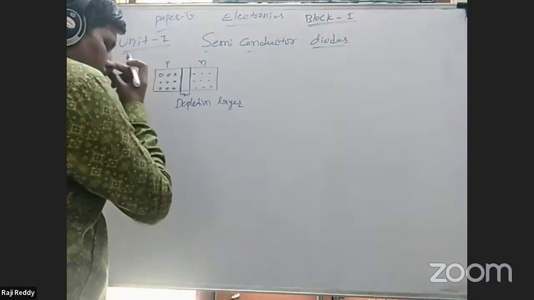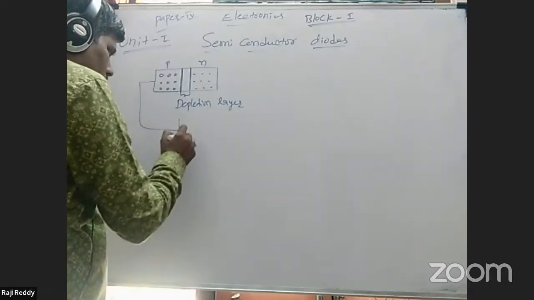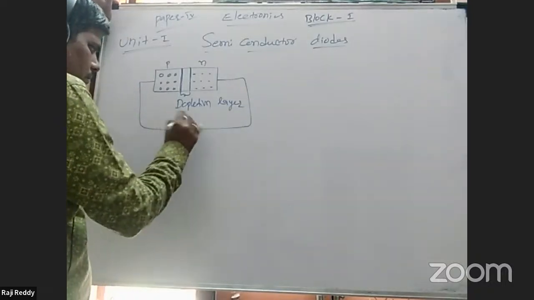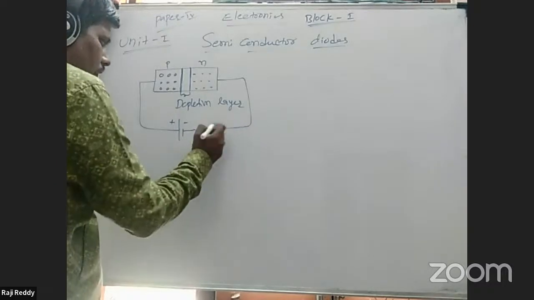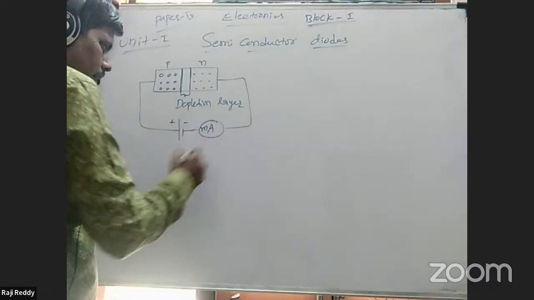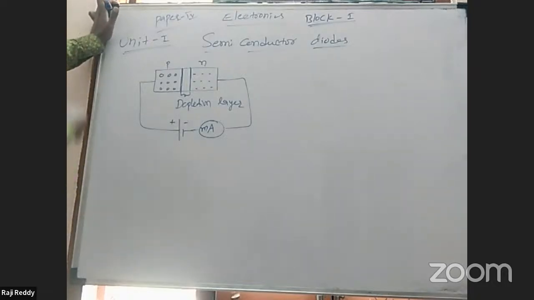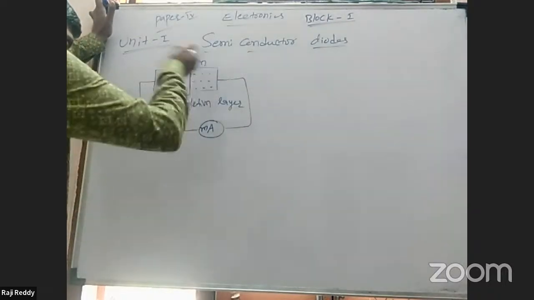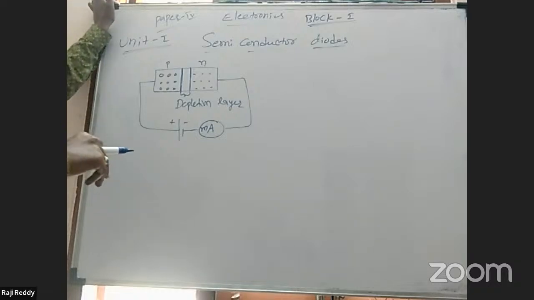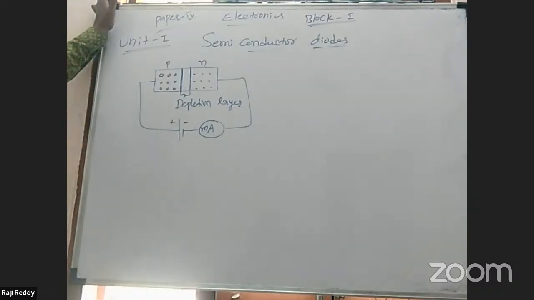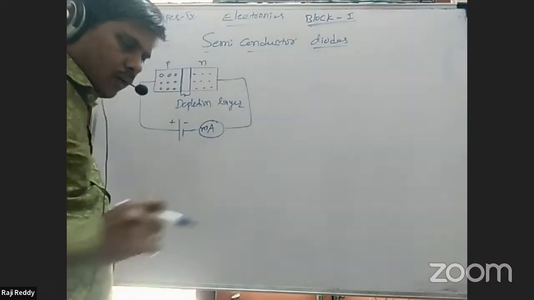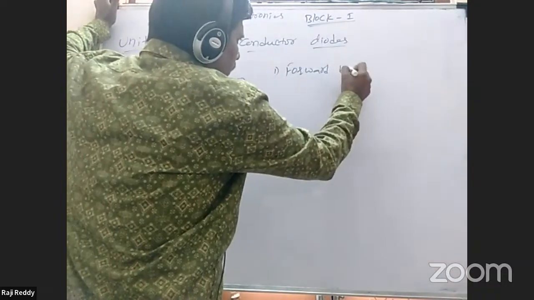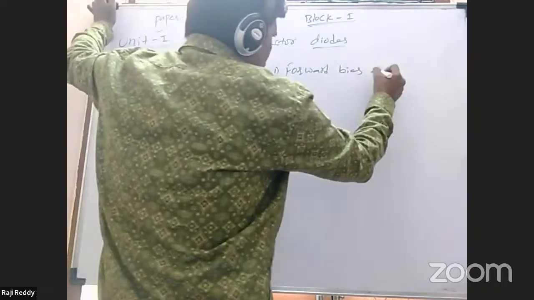Depletion layer. When these two materials are connected to battery terminals, plus and minus, with a milliammeter or microammeter for measuring current, the PN junction diode can work. It can work in two bias systems. One is forward bias, the other is reverse bias.